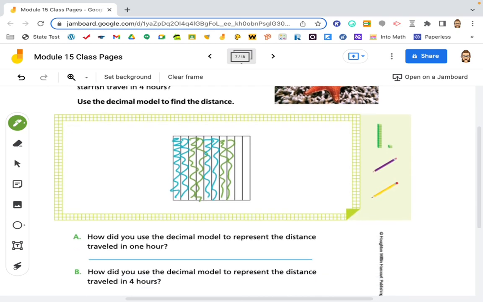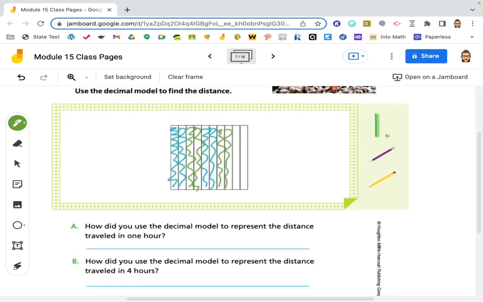So this is, how did you use a decimal model to represent the distance traveled in 1 hour? I shaded 2 columns to represent 2 tenths mile.